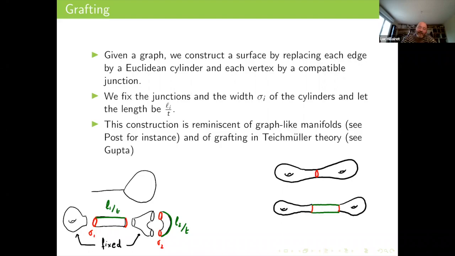And in Teichmüller theory, there's something which is called grafting, which is related. There you start from a hyperbolic surface, you isolate a geodesic, you cut along this geodesic, you insert back a flat cylinder, and you look at how the conformal structure evolves when the length of the cylinder that you have inserted grows to infinity.